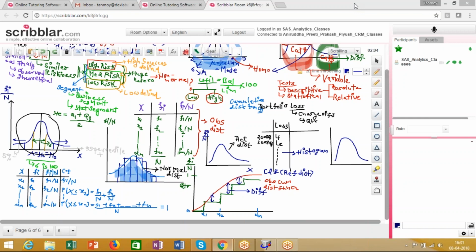Then we also discussed the distribution side, where we covered the basics of continuous and discrete distributions. In discrete distributions, we talked about the Bernoulli, binomial and Poisson distributions. In continuous distributions, we talked about the rectangular, uniform and normal distributions. With the normal distribution, we talked about how to test for normality using graphical methods, descriptive measures as well as statistical methods.